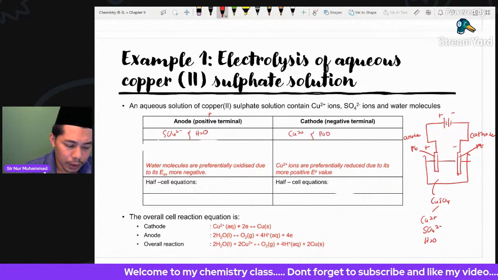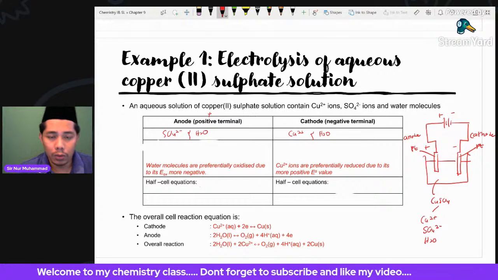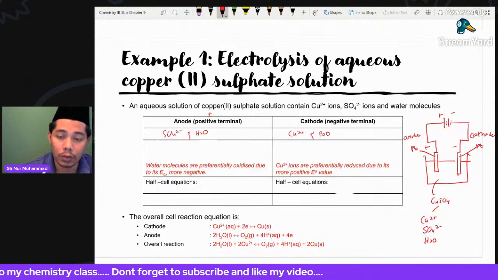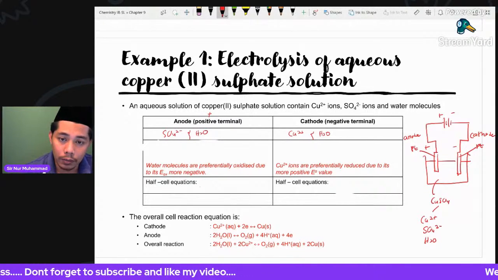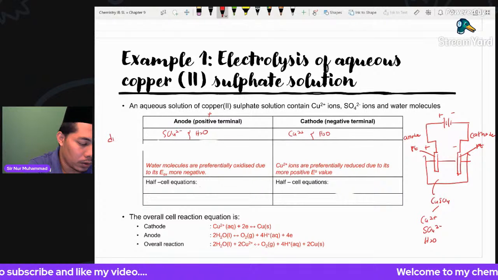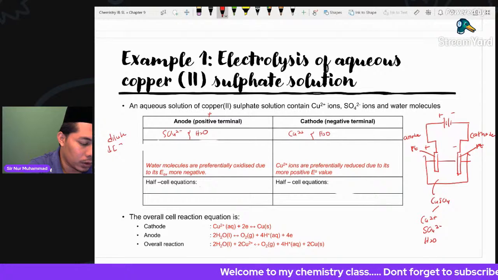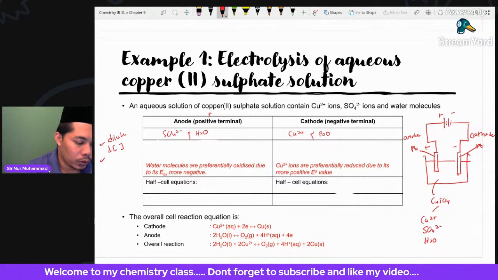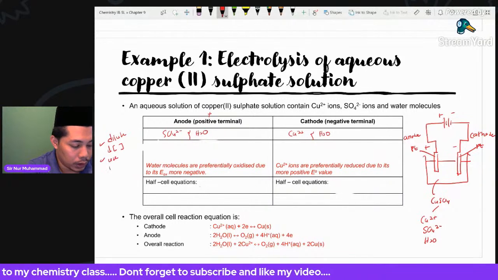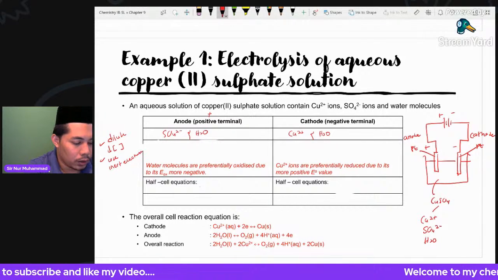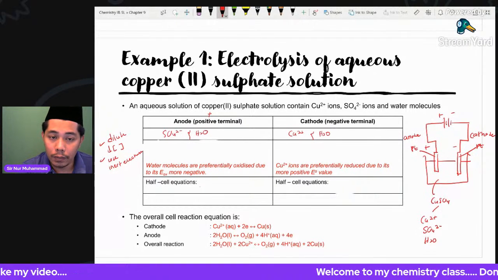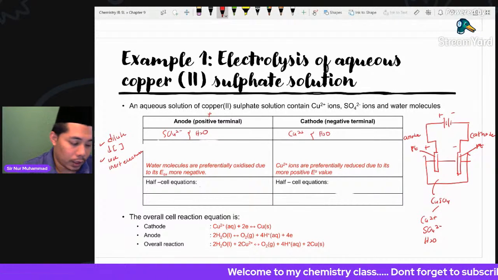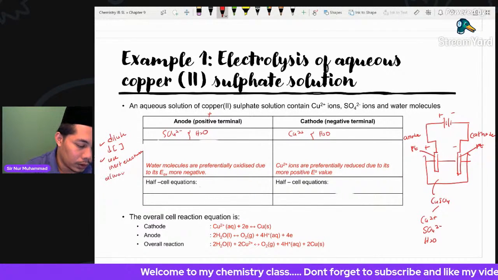Please remember that if the aqueous solution is dilute or at low concentration, and you use inert electrode, the ion that discharges at the anode is always water.